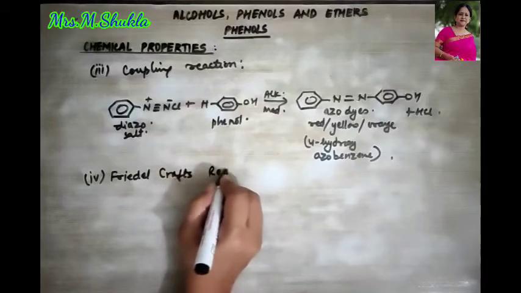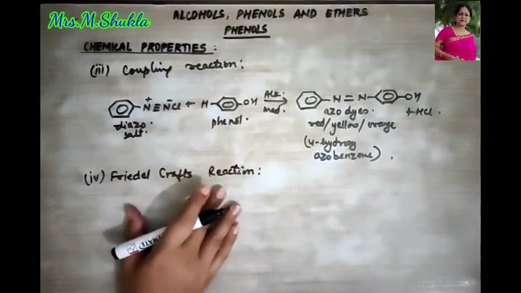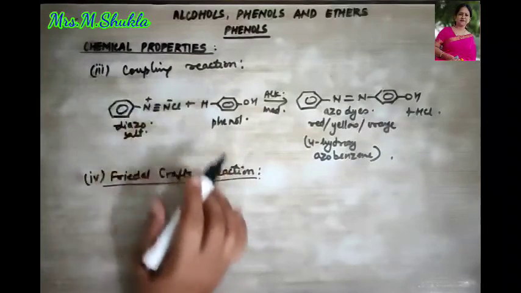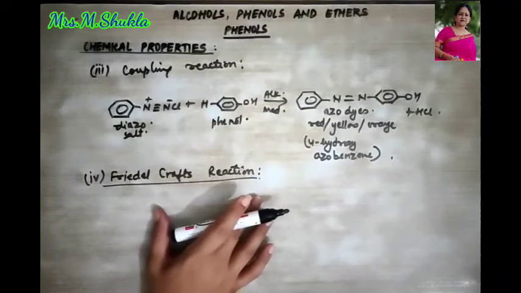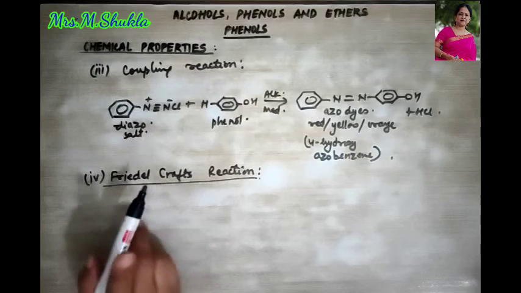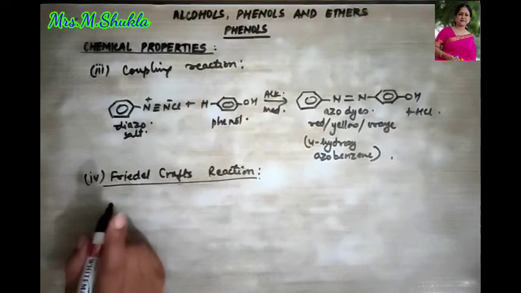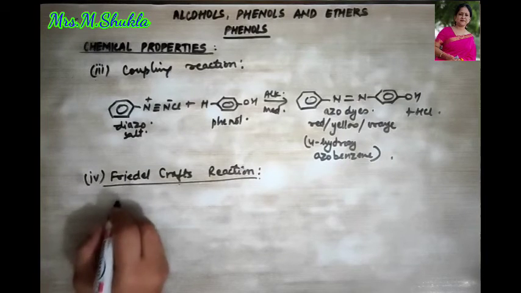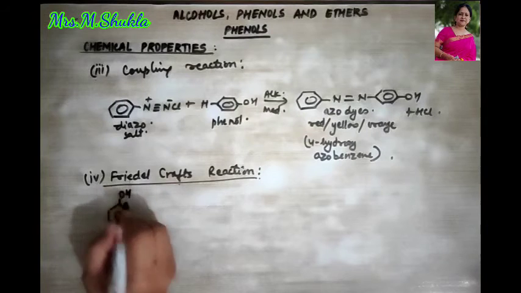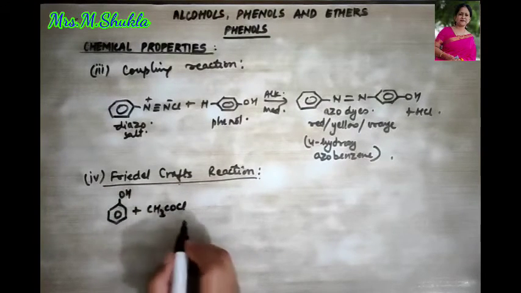The last reaction to mention over here is your Friedel-Crafts reaction. This I have already shown you, but there I forgot to mention this name, Friedel-Crafts reaction. So under important reactions I am mentioning this. Phenols undergo this Friedel-Crafts reaction in the presence of acetyl chloride, CH3COCl, in the presence of anhydrous aluminium chloride, AlCl3. This is the reaction I had told you.